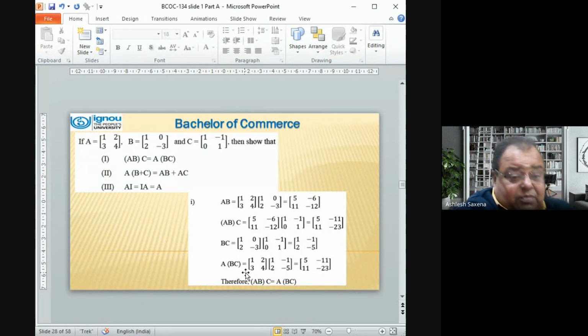Can any one of you tell me how AB is resolved? How we got the product of the A and B matrices? The product of the AB matrix is 5, minus 6, 11, and minus 12.